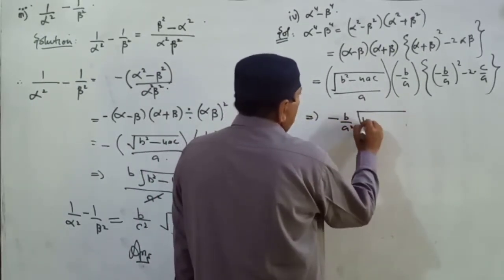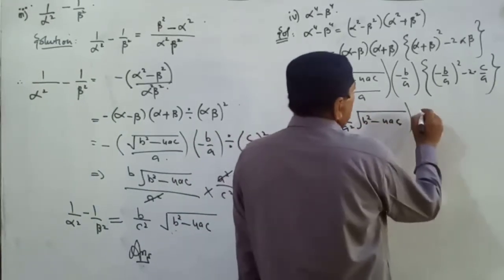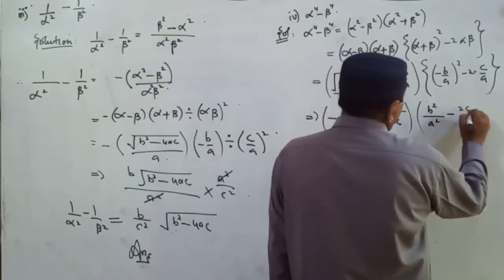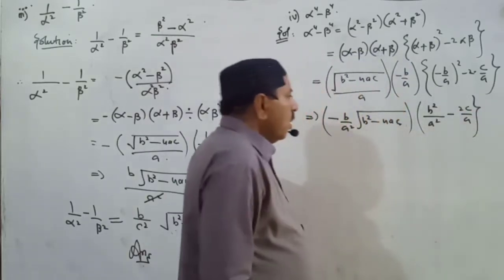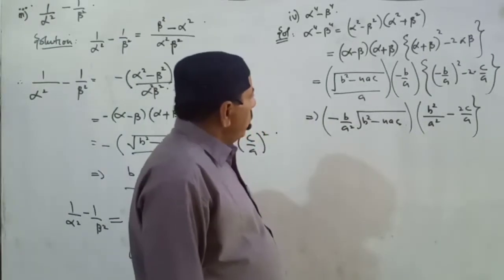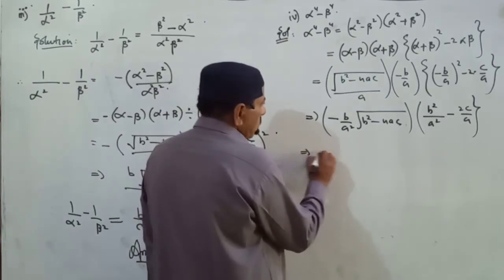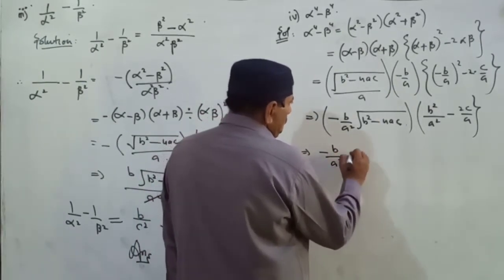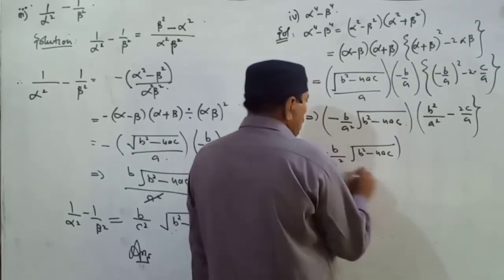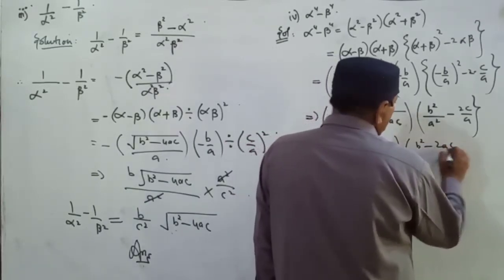So this will be minus b upon a, square root of b square minus 4ac, into b square upon a square minus 2c upon a. A square is the LCM. When we write a square as the LCM, minus b upon a square into square root of b square minus 4ac, into b square minus 2ac upon a square.